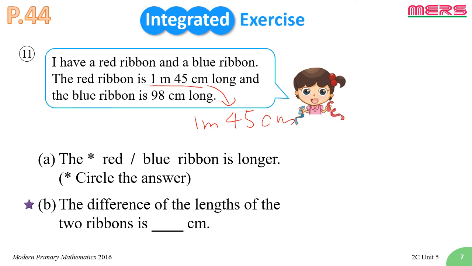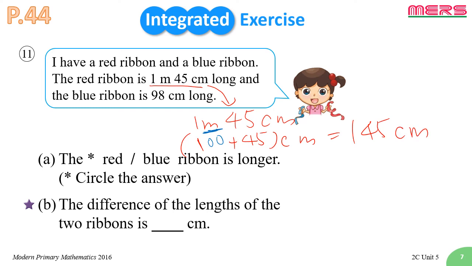If I want to change it to centimeters, 1 meter means you add 2 zeros. So 1 meter is 100, plus 45 centimeters, the answer becomes 145 centimeters.